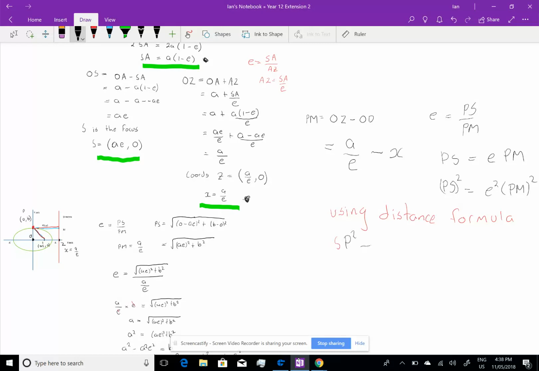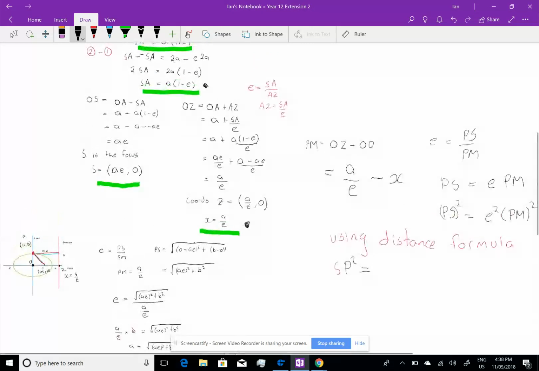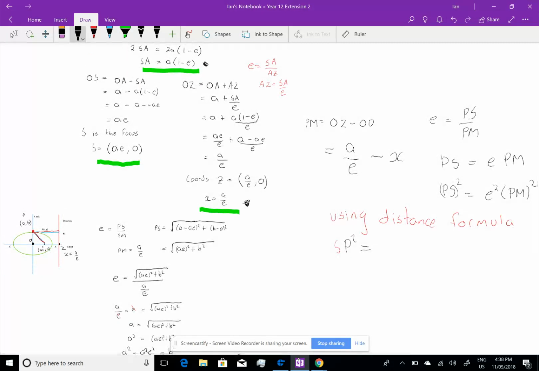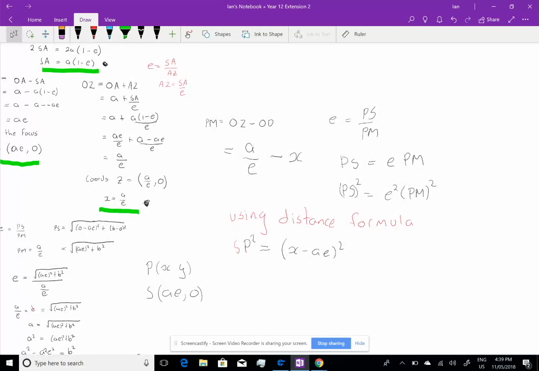SP squared equals, now remember, P is xy, that's going to give us our Cartesian values, and S is AE and 0. So the distance formula, SP squared equals x minus AE squared plus y minus 0 squared.